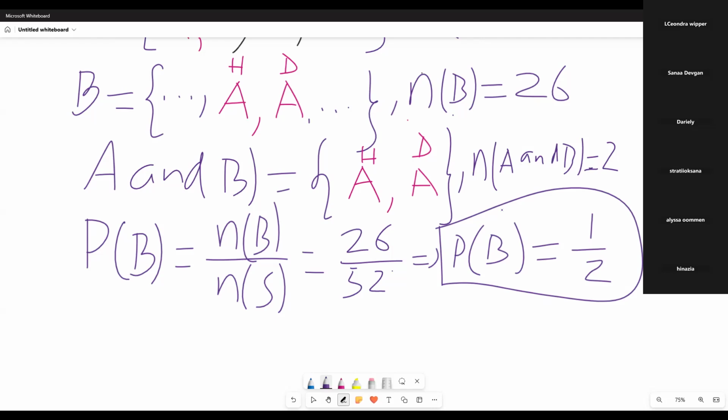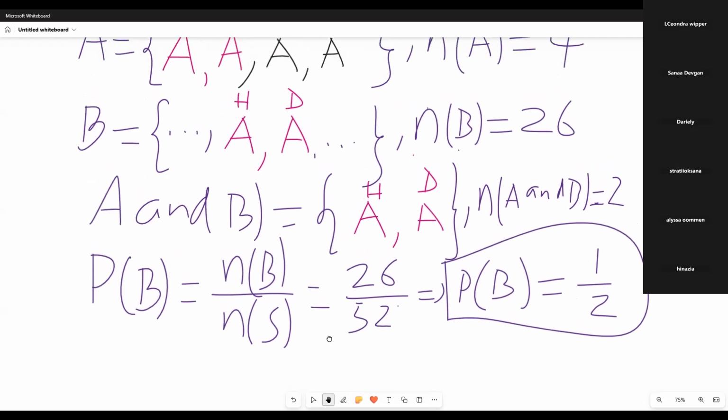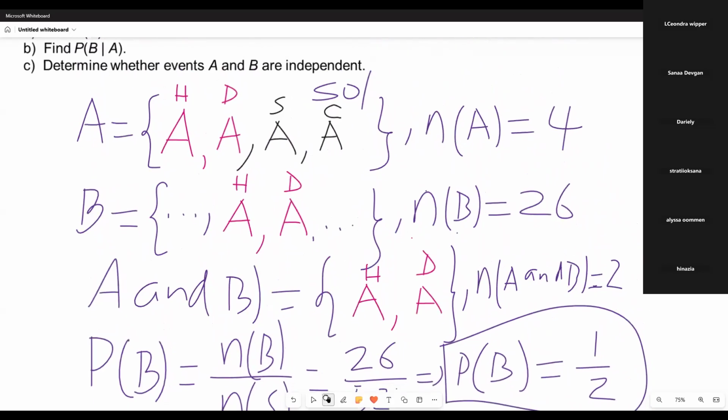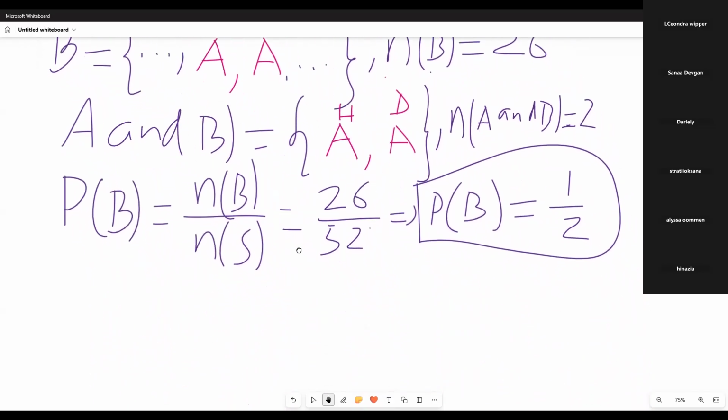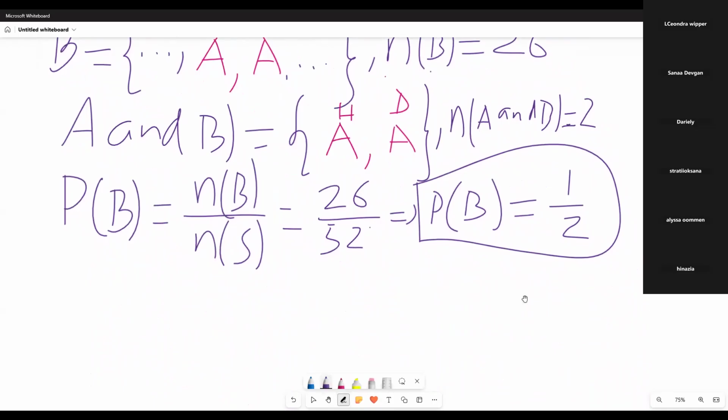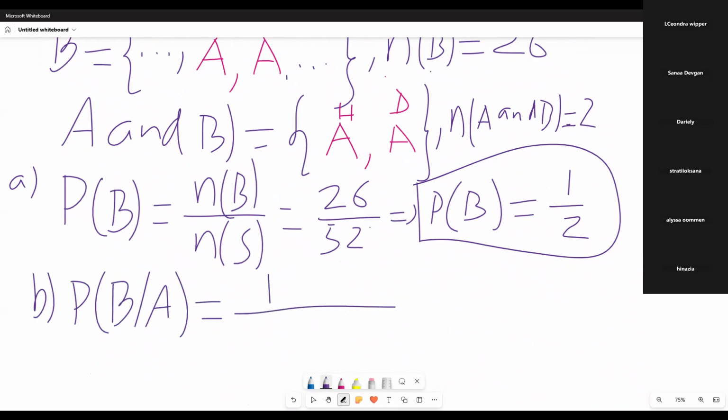Then part B, they have to find P of B given A. All right?